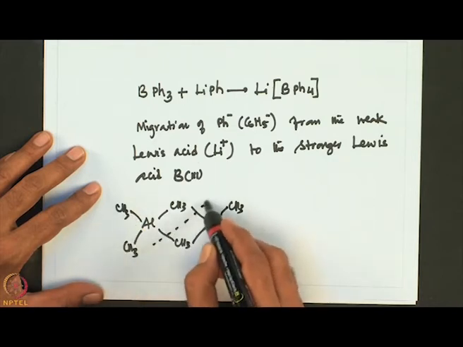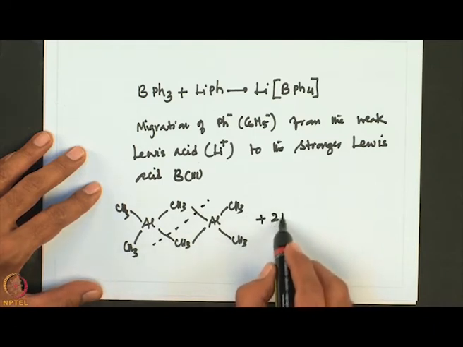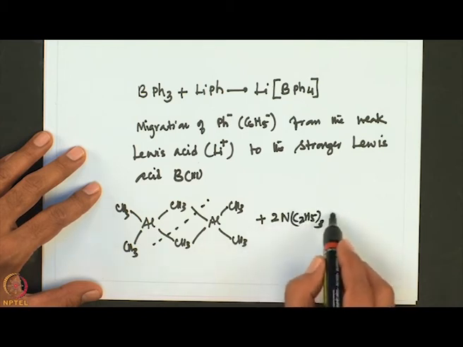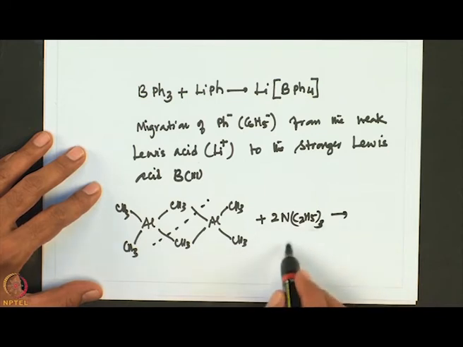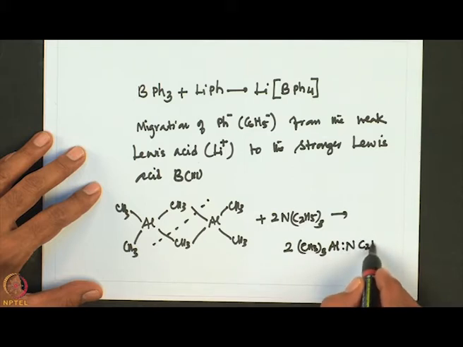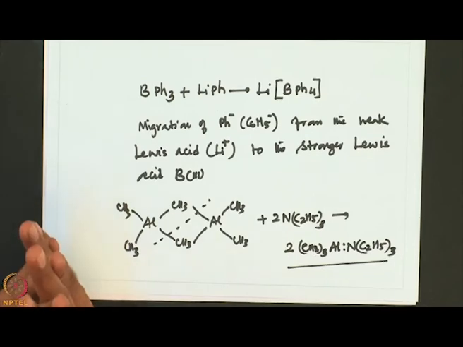So, bridge breakage takes place across, and if here two equivalents of triethylamine are added, it leads to the formation of two adducts. So, this is how the adduct is formed here. So, electron deficient organometallic species essentially perform as Lewis acids.